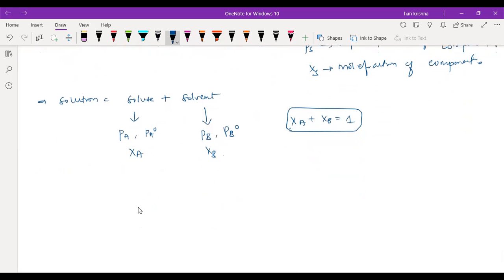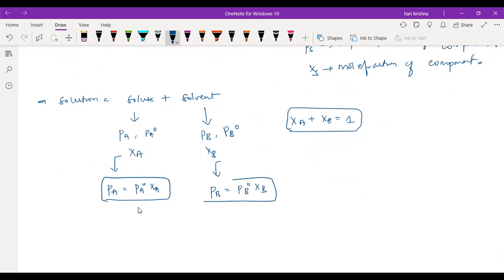Suppose you write Raoult's law for this, what will you write? PA equal to PA naught XA, Raoult's law for this solute component. And the same Raoult's law will apply for this solvent component: PB equal to PB naught XB. Did you understand why I'm writing like this?